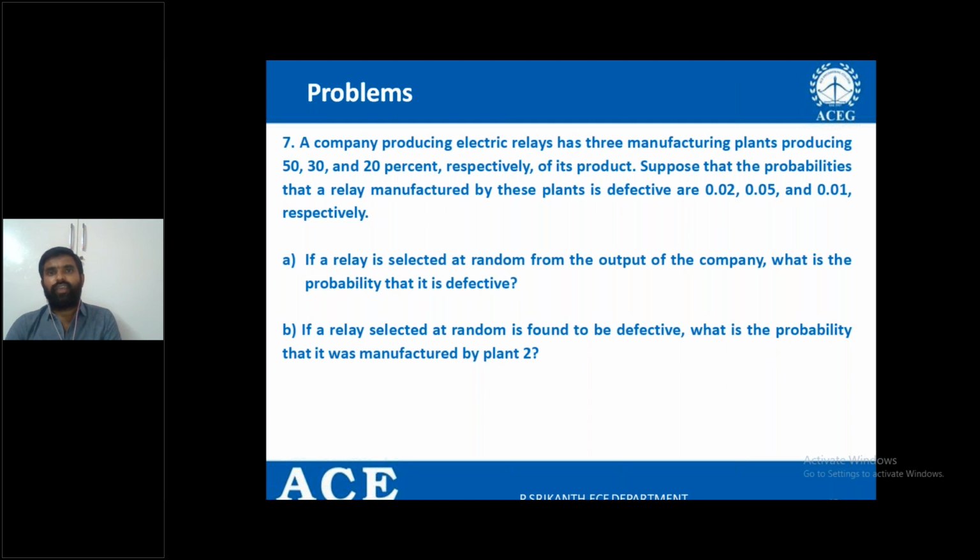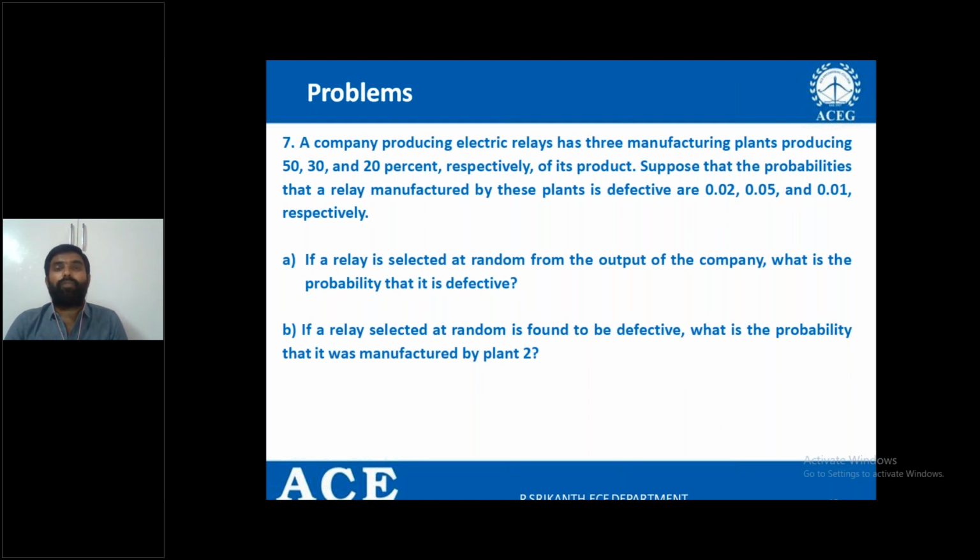If A1 manufactures a relay, that may be defective. If A2 manufactures a relay, that may be defective. If A3 manufactures a relay, that also may be defective. Therefore, what is the total probability of the electric relay being defective from the manufactured units?